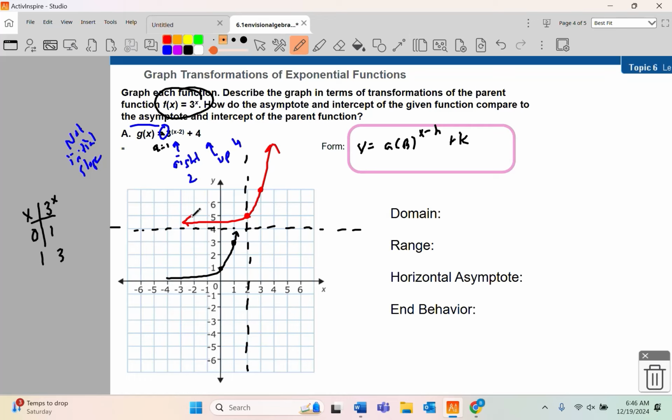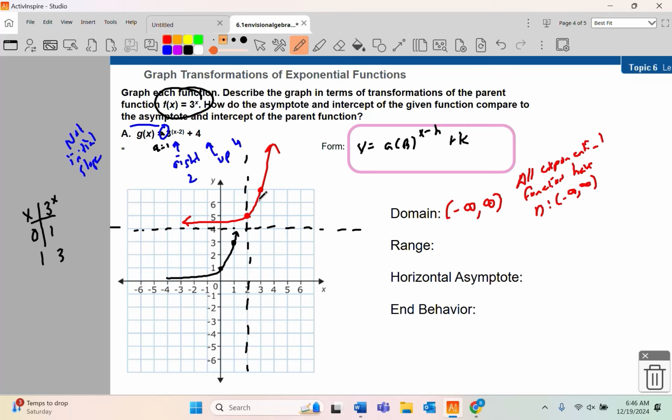So what's the domain of this guy? It's negative infinity to infinity. All exponential functions have domain of negative infinity to infinity. It's the range that can change.